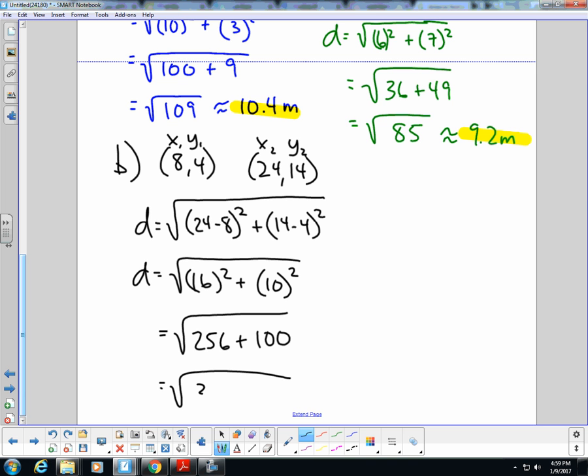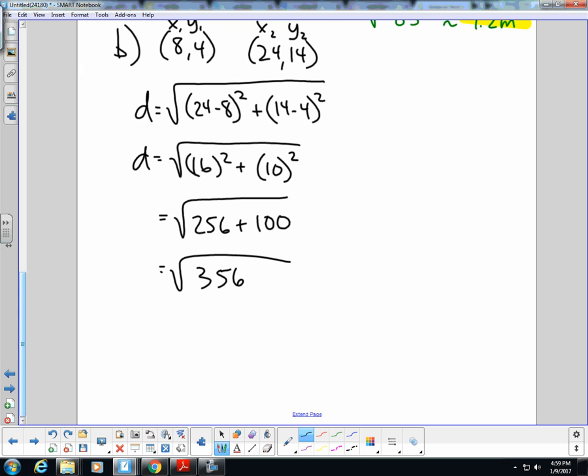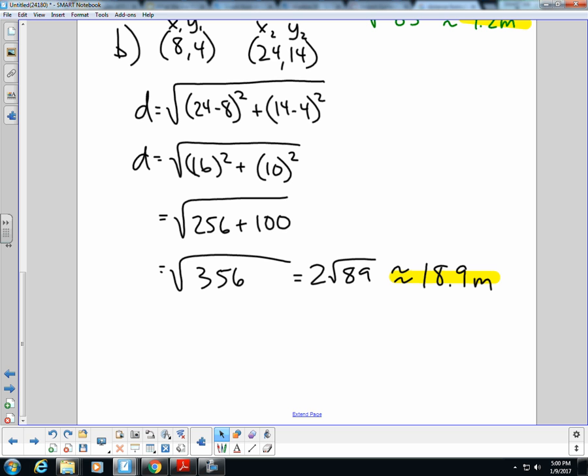So that'd be the square root of 356. Now, this time, the square root of 356 does reduce a little bit. And so the simplified version of the radical is 2 times the square root of 89. And then the decimal equivalent is 18.9 meters. So for player A to throw it directly to player C, it's about 18.9 meters.